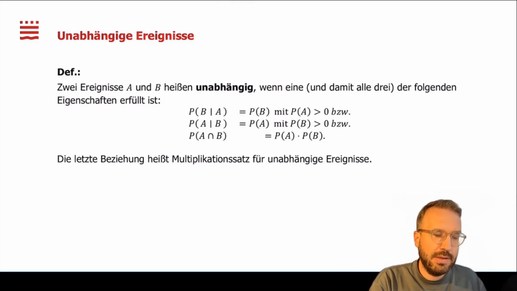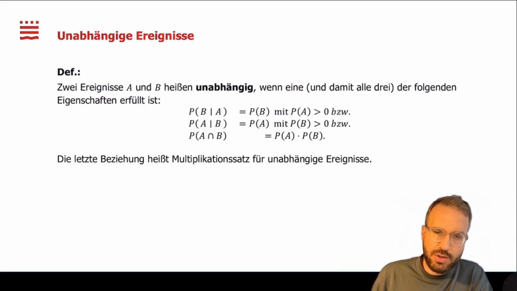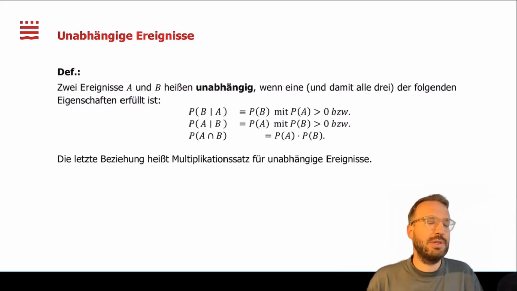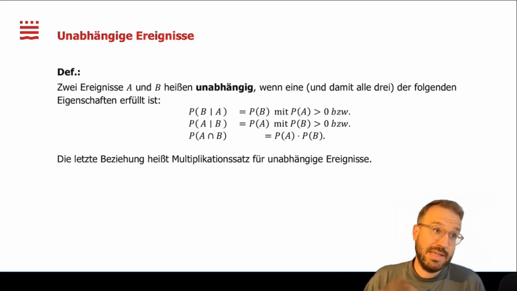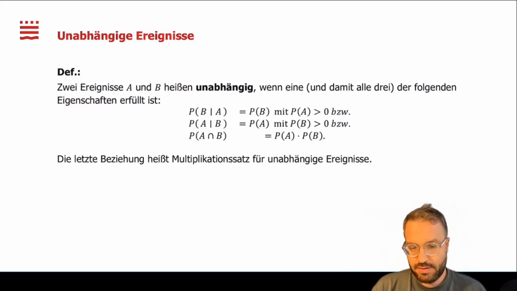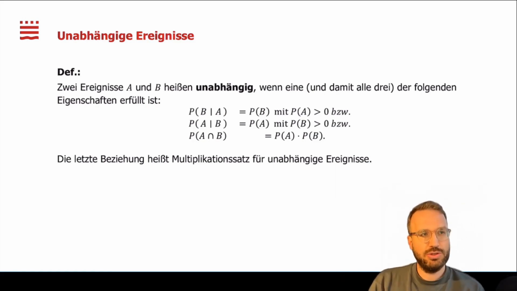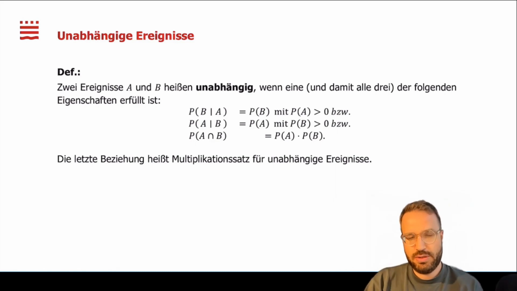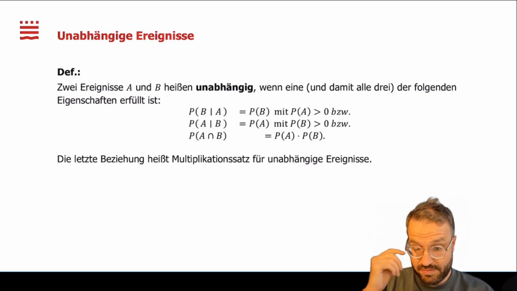We mean that whether event B occurs or not has nothing to do with A, the occurrence or non-occurrence of A, and vice versa, that whether event A occurs has nothing to do with the occurrence of B. There are three ways to test this. If one of the three is correct, then all three are correct, and if one of the three is wrong, then all three are wrong. That means these three properties are all equivalent. We will take a brief look at them.